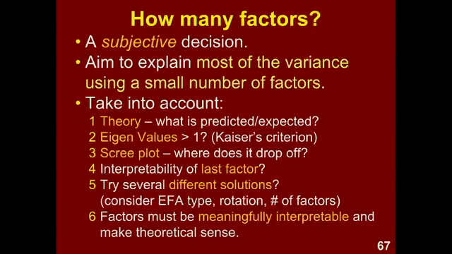Okay, the last point here, number 6: there's no point in having a 6-factor model if you can't explain what those 6 factors are. So can you label them? Can you describe what they represent?